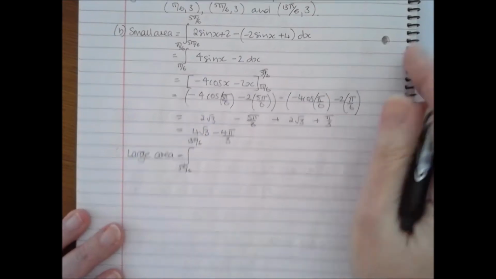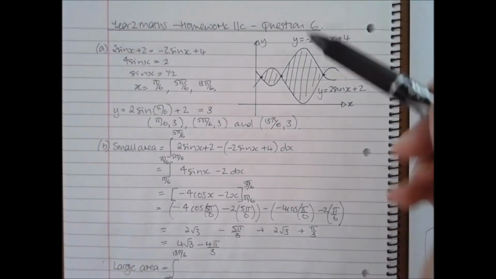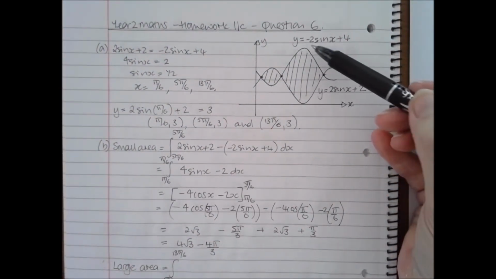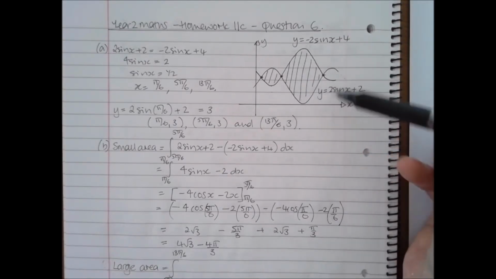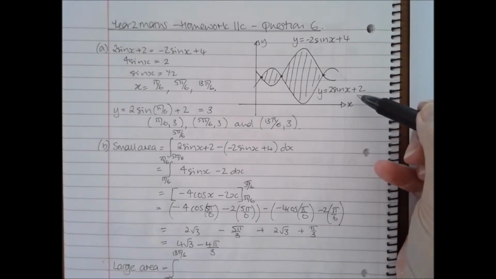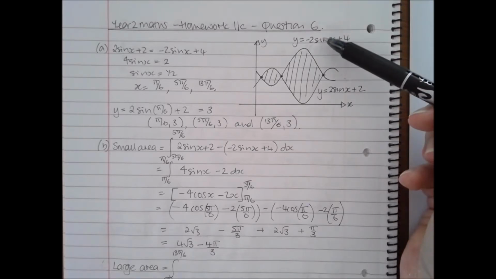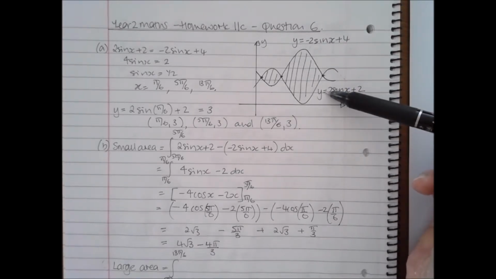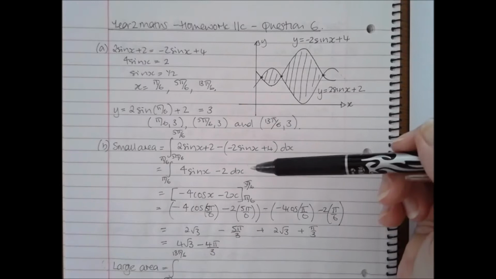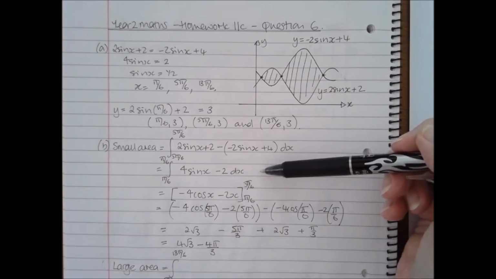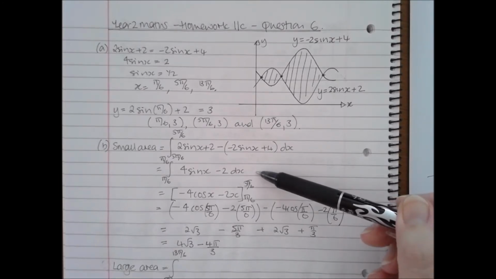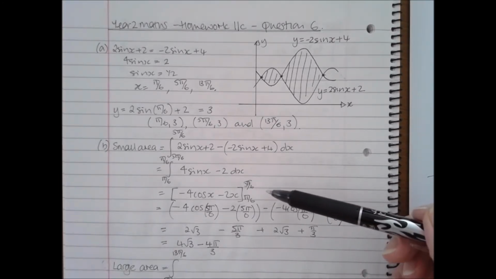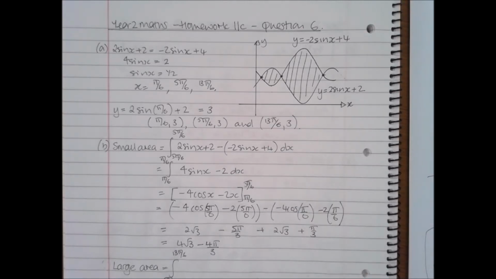Now this time, when you come back to my diagram, the curve on the top is the minus 2 sine x plus 4, and the curve on the bottom is the 2 sine x plus 2. So I've got 2 options here. I can do this one, take away this one and integrate, or I can use what I did before and if I integrate this one here, I know my answer is going to come out to be negative, and then all I've got to do is change the sign round at the end. So that's what I'm going to do.